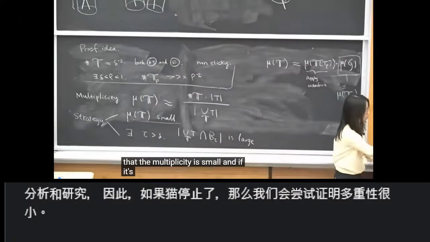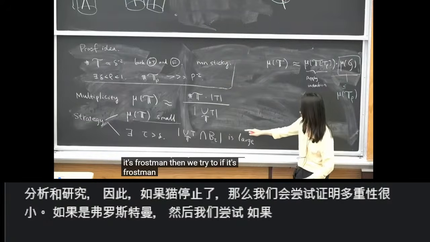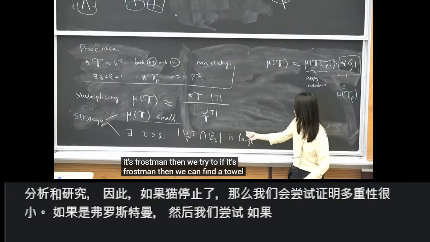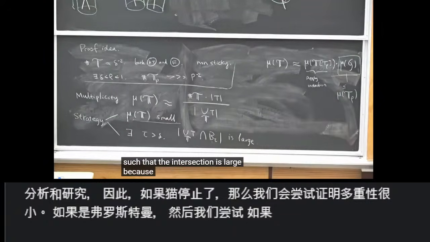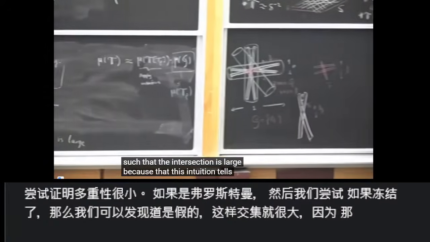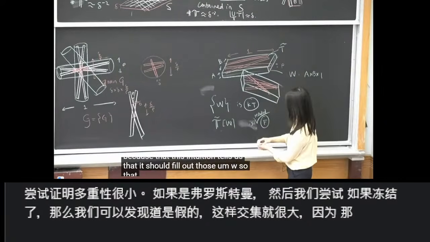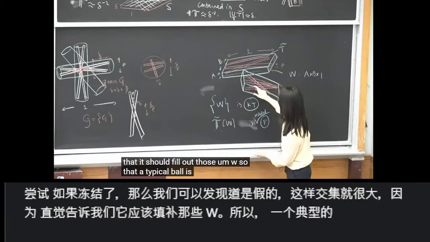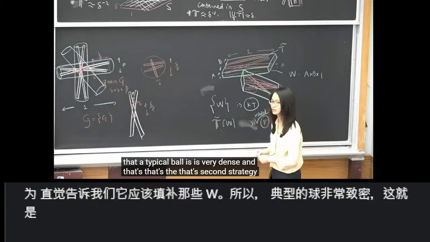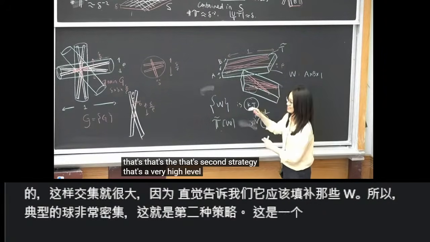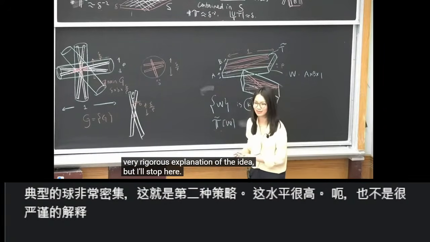If it's Frossman, then we can find a tau ball such that the intersection is large, because this intuition tells us that it should fill out those W, so that a typical ball is very dense. That's our second strategy. That's a very high level, not very rigorous explanation of the idea, but I'll stop here. Thank you.